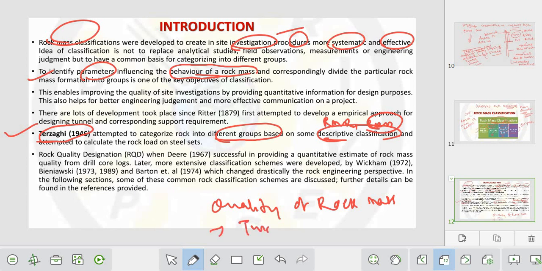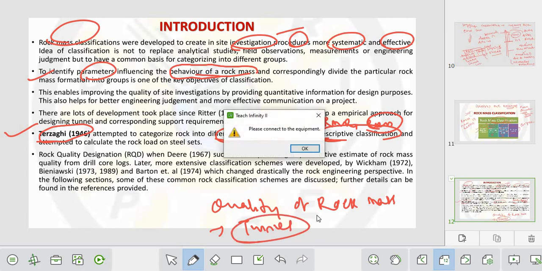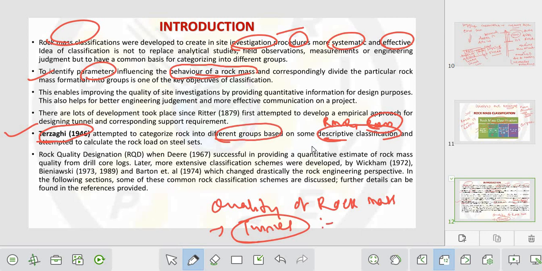For example, if a tunnel is being built, whether this particular rock mass is suitable for the tunnel work or not. Suppose RQD, whether the rock mass quality is good in nature, poor in nature, or very good in nature. So this type of classification was attempted by Terzaghi for the understanding of the rock mass.